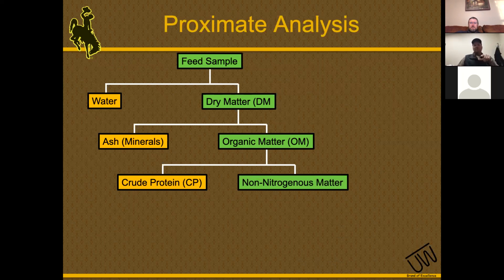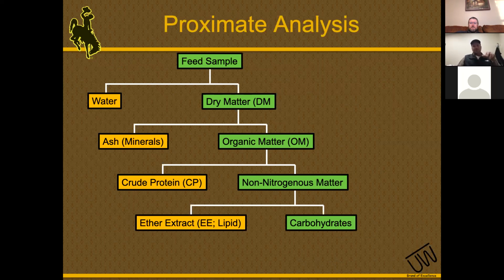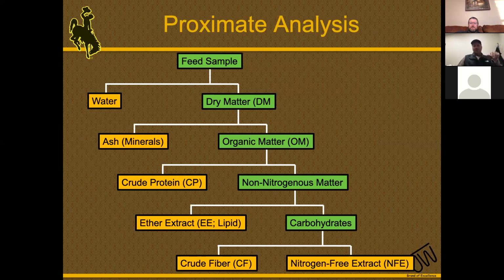From our organic matter, we can have either the nitrogen-containing component, which would be our crude protein, or the non-nitrogenous matter. The non-nitrogenous matter is either going to be fat, which does not contain nitrogen, or carbohydrates. Carbohydrates can go down to either crude fiber, or a nitrogen-free extract, such as starch, okay?